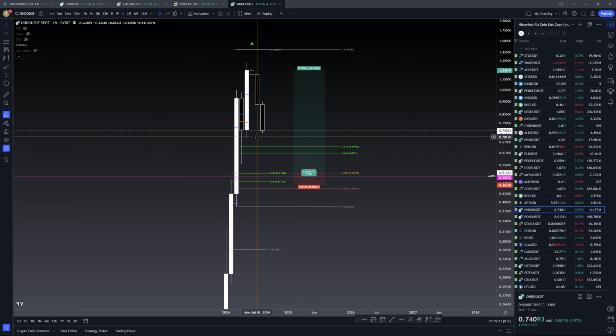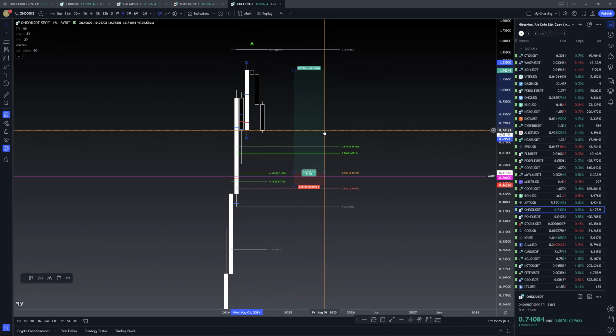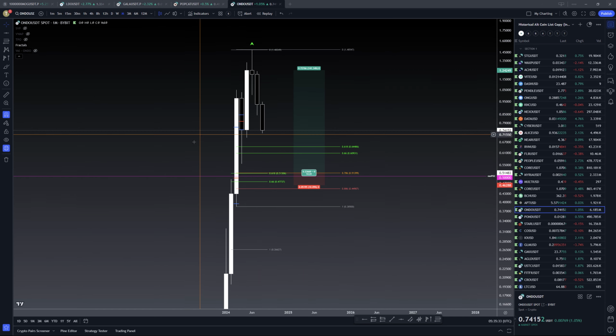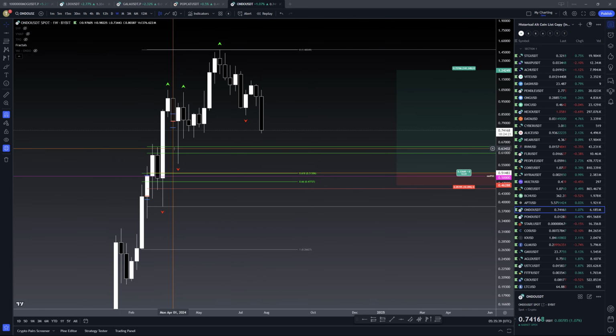Very bottom of this. We'll have to see. We've already lost that. Could be bouncing right now. You know, it really could be.